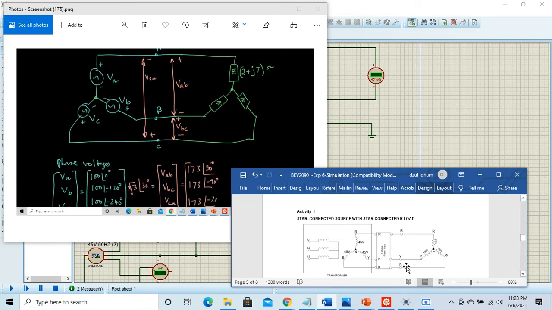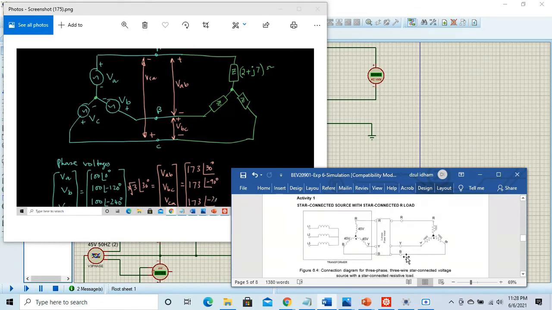In activity 1, we must develop the star-connected source with a star-connected R-load circuit. So this is the star-connected source and this is the star-connected R-load.